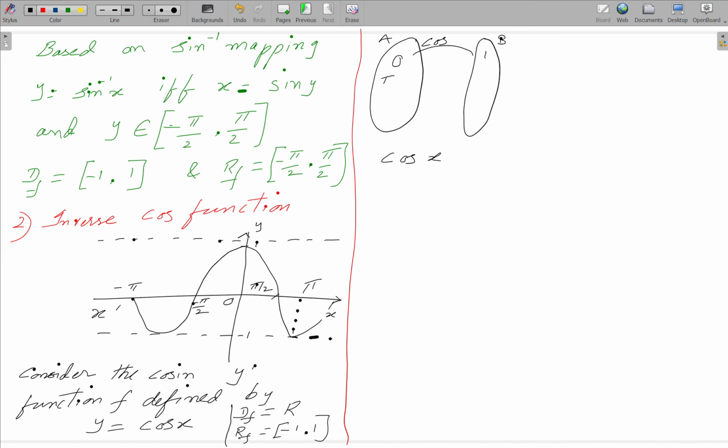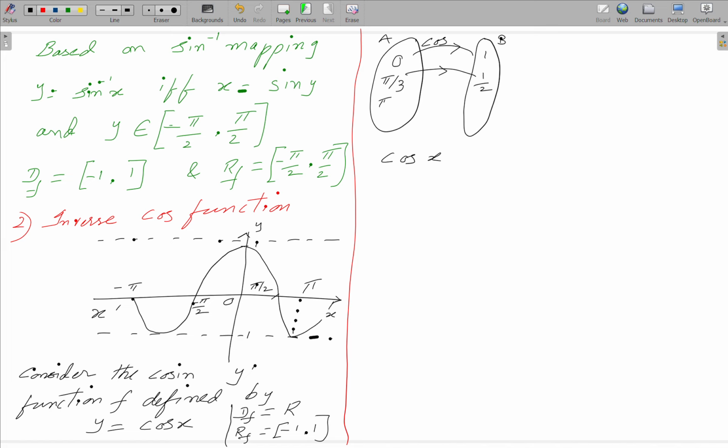When x is equal to pi by 3, then y is equal to 1 by 2.